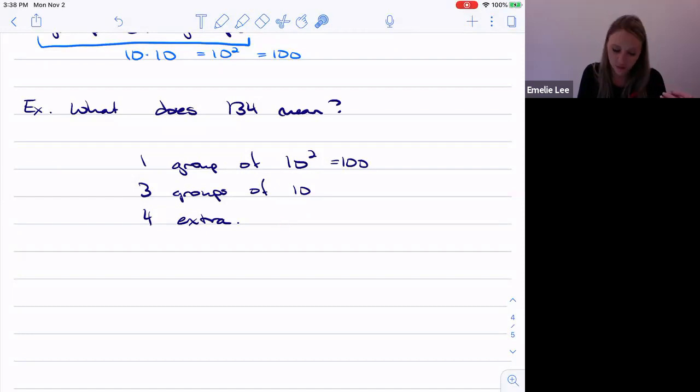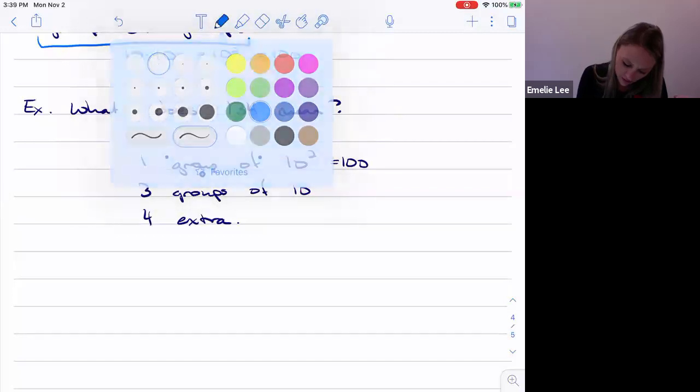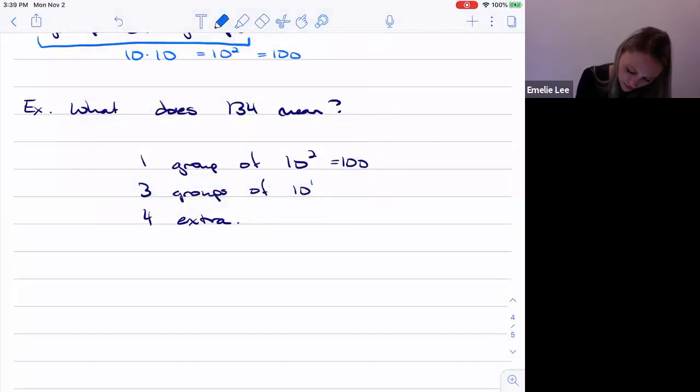And so really what we've got here is 10 to the power of 1 and 4 extra of 10 to the power of 0, if you wanted to kind of continue with that pattern. So we use the powers of 10 to rewrite this in what we call expanded notation.